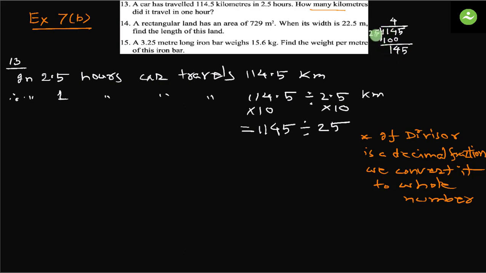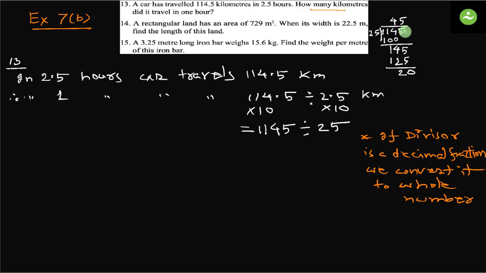Now 25, here 4 and 1, 5. 5 into 5, 25. 5 into 2, 10. So it is 20 here.